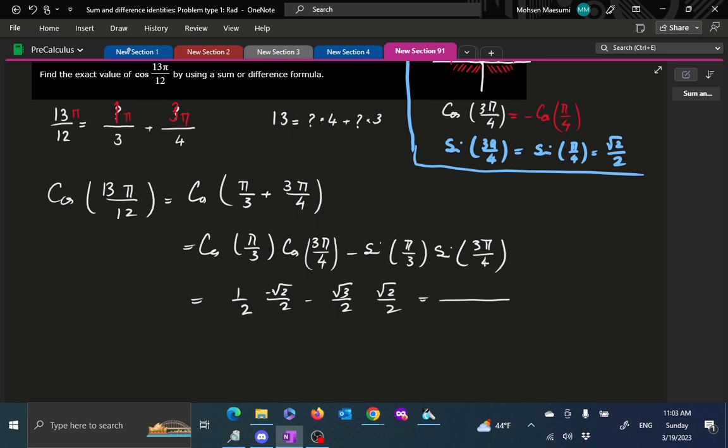The whole thing boils down to minus radical 2 minus radical 6 over 4.